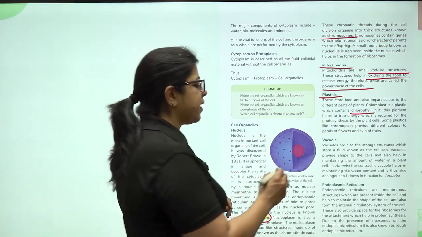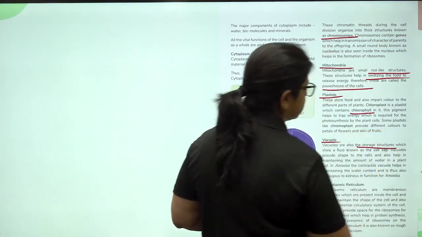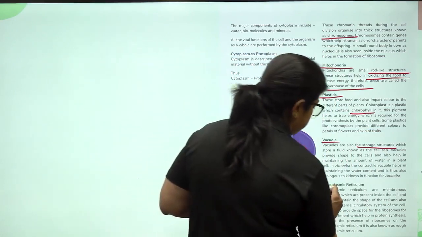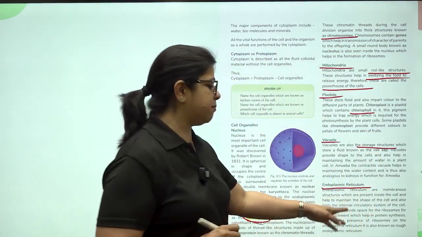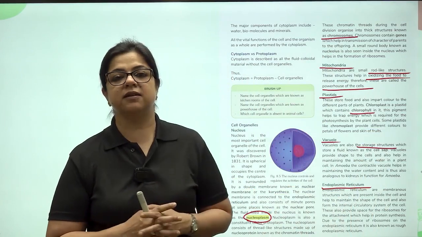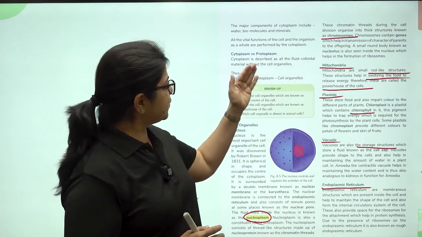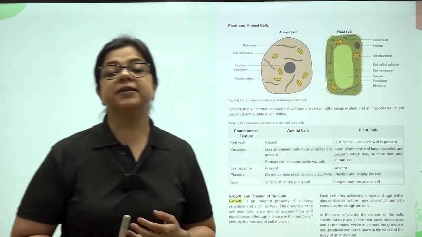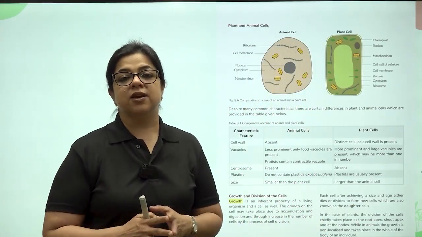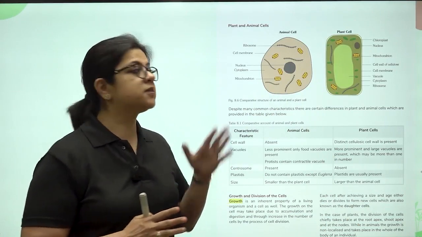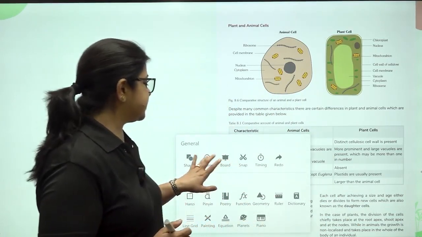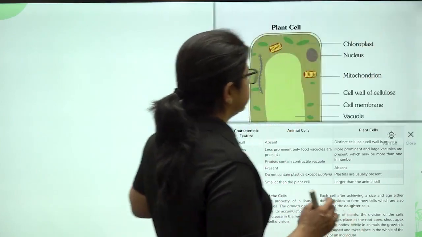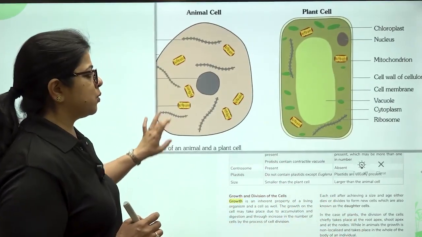Now, there are also vacuoles, which are storage structures inside the plant cells, and there is the endoplasmic reticulum, which are membranous structures present inside the cell. Now, as we have seen that there are different cell organelles present in plant cells and animal cells, what exactly distinguishes the two? Let us understand with the help of these diagrams and the table given in your book.